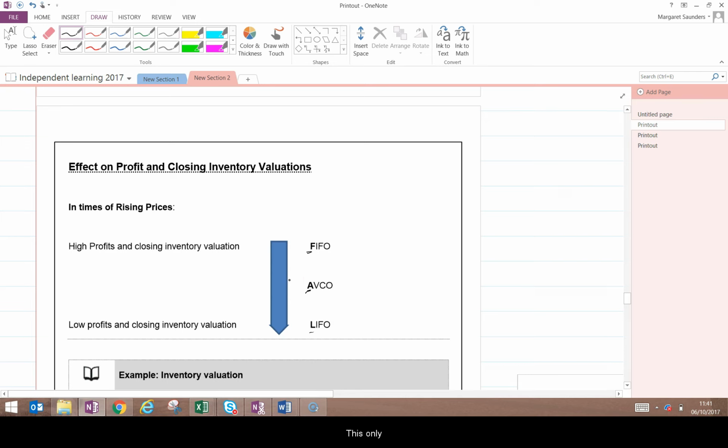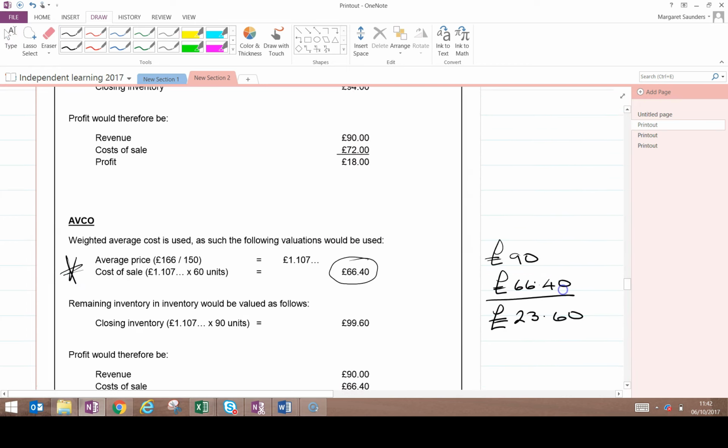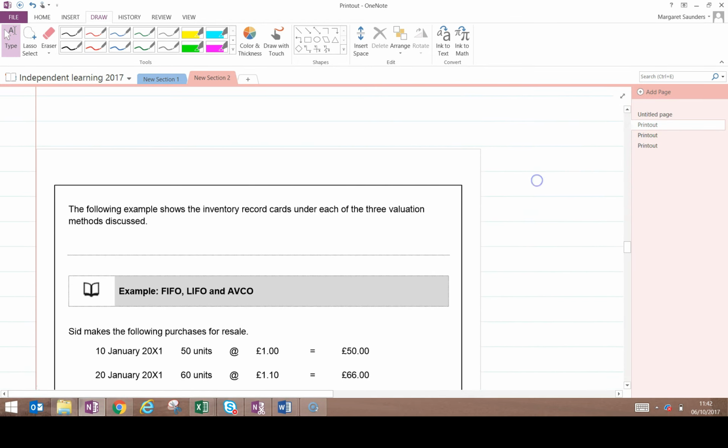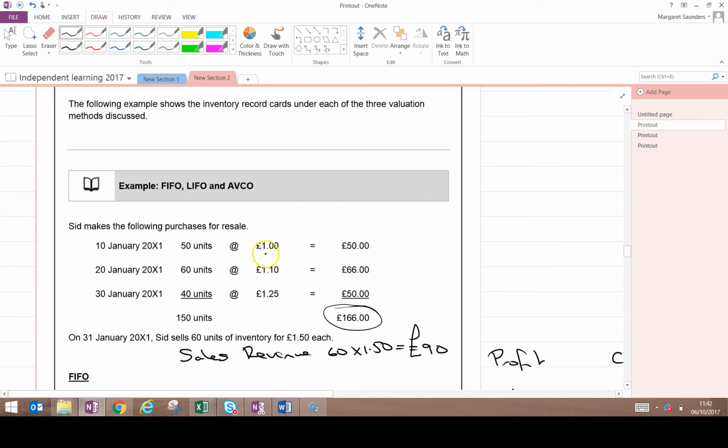Now this only happens when we have rising prices. So what do we mean by rising prices? So let's go back up to our example. Each transaction that has taken place has resulted in a higher price being paid for the units. £1, £1.10, £1.25.